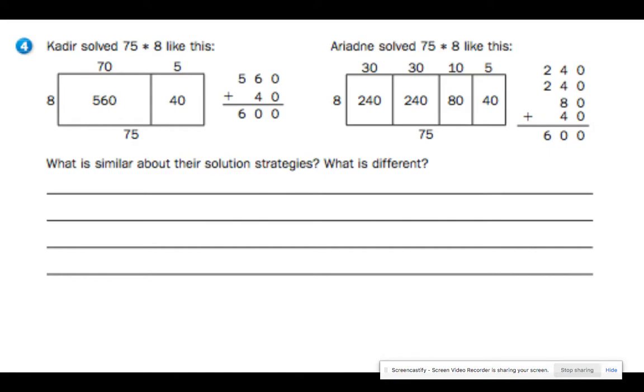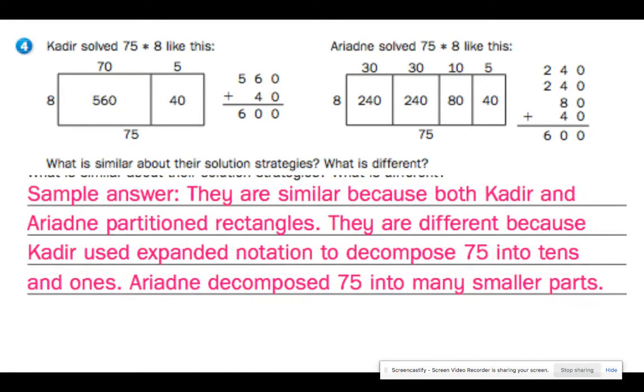Okay, welcome back. So here's a sample answer, and you may have gotten something like this. Well, they are similar because both Kadir and Ariadne partitioned the rectangles. They both used partitioned rectangles to solve this multiplication problem. So that's how they are similar. They are different, however, because Kadir used the expanded notation to decompose 75 into tens and ones.